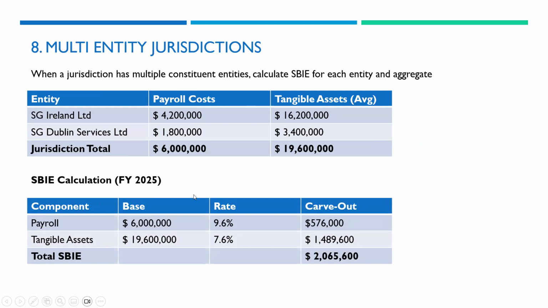Since it's financial year 25, I take the 25 equivalent rate from the table, and that gives the carve-out, the total SBIE. So first you total it and then compute. If there are multiple entities in the jurisdiction, you add the payroll costs and tangible assets and apply the percentage. Even if you take 4.2 into 9.6 percent and 1.8 into 9.6 percent and add them, it's going to be the same answer since the base rate is not changing.